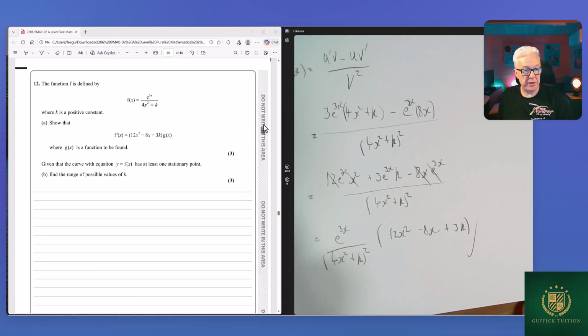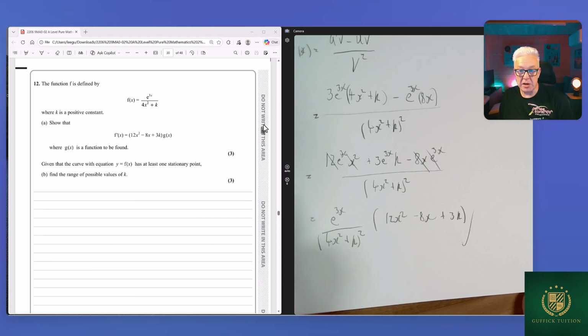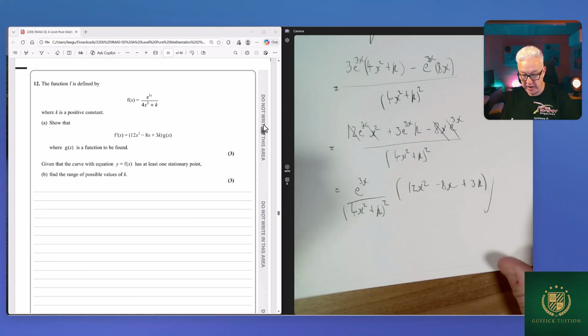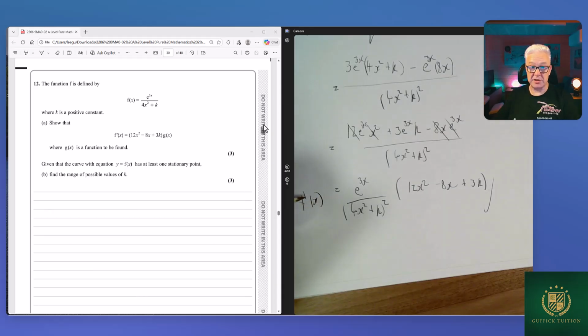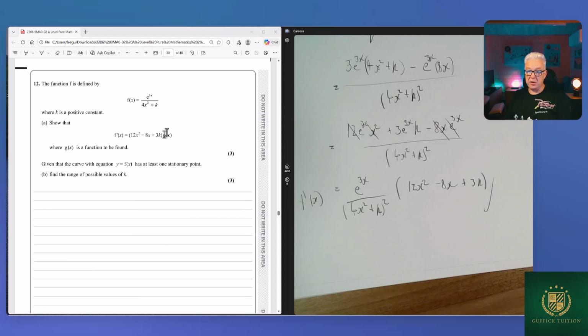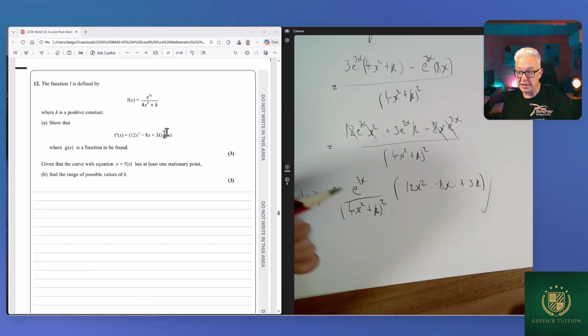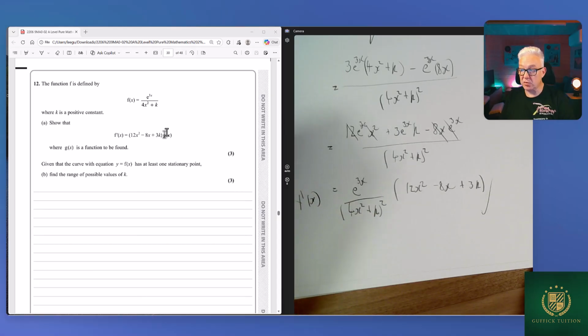Now, it says, given that the curve with the equation y equals f of x has at least one stationary point, find the range of possible values of k. So what we're saying is that f dashed of x has at least one stationary point, so we need to evaluate the discriminant of this equation and set it greater than or equal to 0, because there's at least one solution.